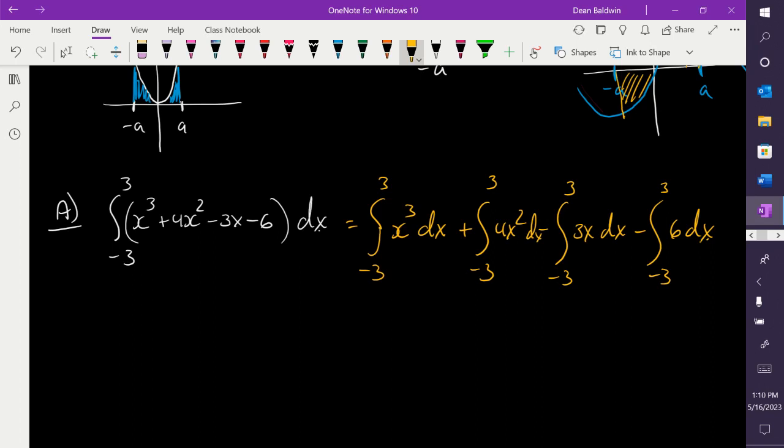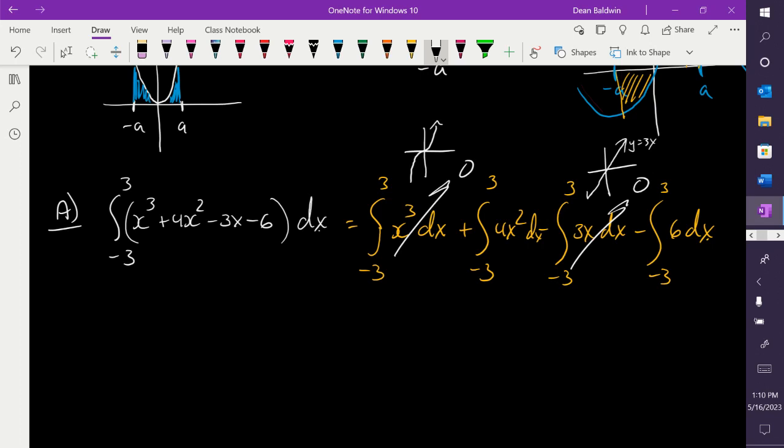But if it's a polynomial, so that's odd, because this graph looks like that, so it's clearly odd. 3x, well, you could pull the 3 out if you wanted, but that is a linear line through the origin, right? y is equal to 3x. You can see it's odd. So what happens to those two parts of the integral? 0. They're gone.